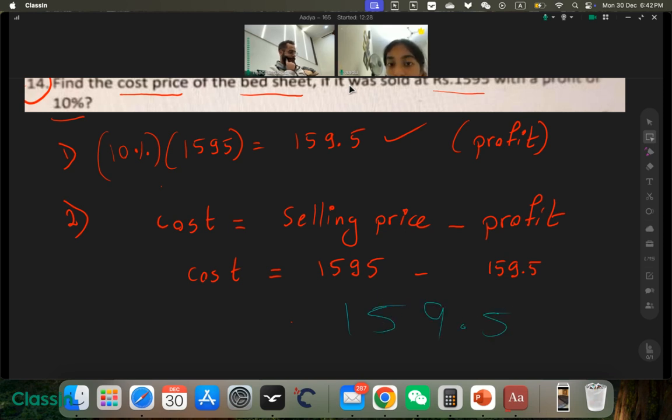Okay, what are you supposed to do? Cost is equal to selling price minus profit. I did not say profit minus selling price. It's illogical to get the cost in the negative value. Something cannot cost you minus.